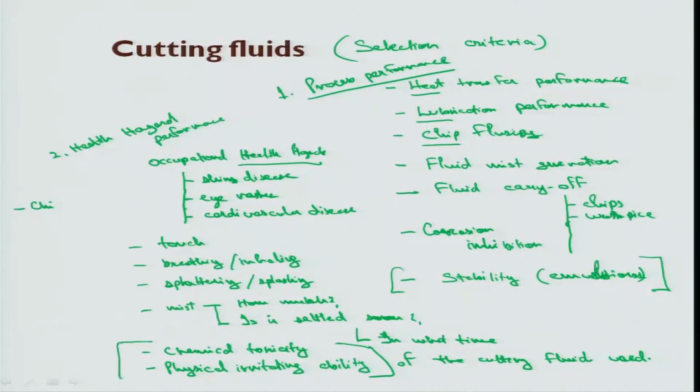So what causes these toxins, what causes this chemical toxicity in my fluids, what made it physically irritating? So it is essentially the metal particles itself, it is the major contributor here.